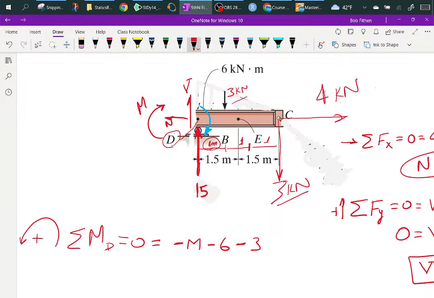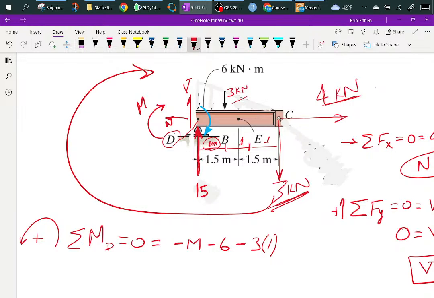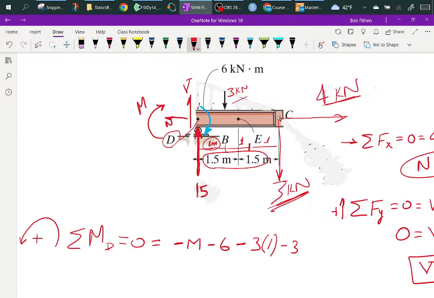Is that my 3? And then I've got another 3 over here. This one doesn't produce a moment about that. We've got another 3 that is producing a moment that way. 3, and it's a whole distance of 3 there.